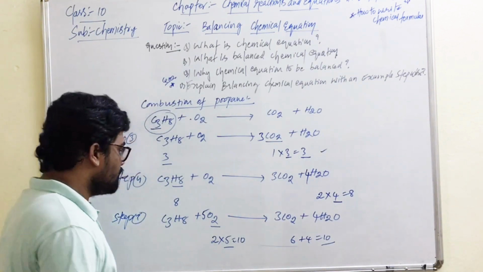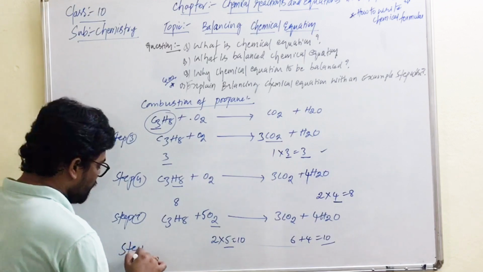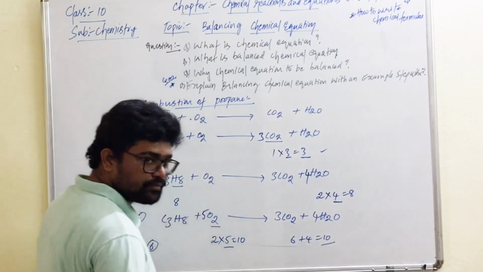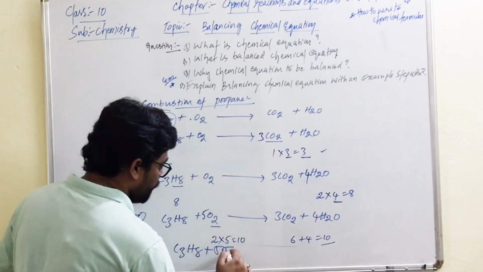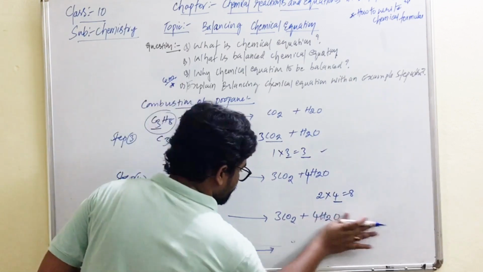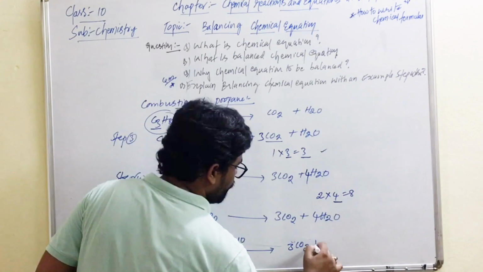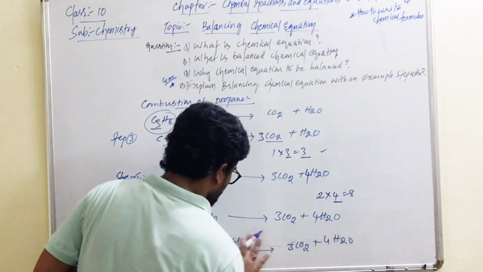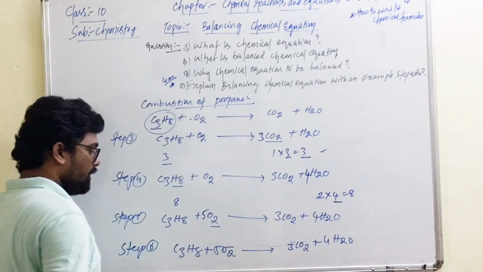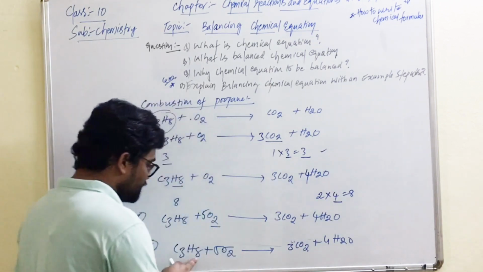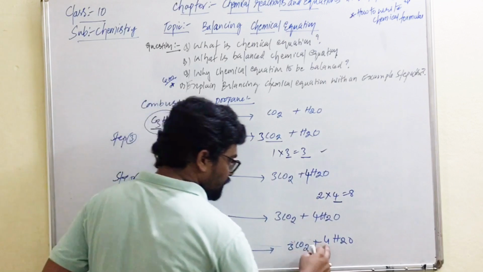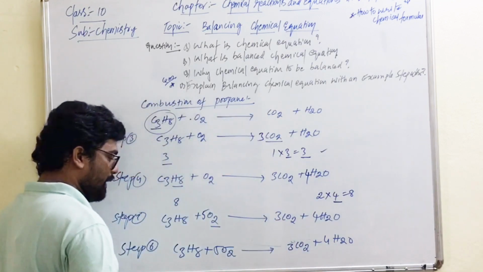No, right? So after balancing all this, we need to recheck, right? Recheck it. C3H8 plus 5O2 gives rise to 3CO2 plus 4H2O. Finally recheck your equation. Now the number of carbons is 3, balanced. Hydrogens are 8 on the left hand side, 4 into 2 is 8 on the right hand side, balanced.